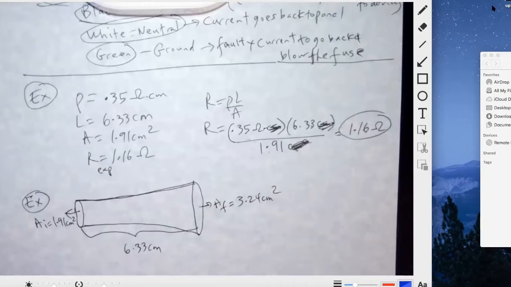Seems like one person is voting smaller. Yeah, it should be smaller because the area does not stay 1.91.